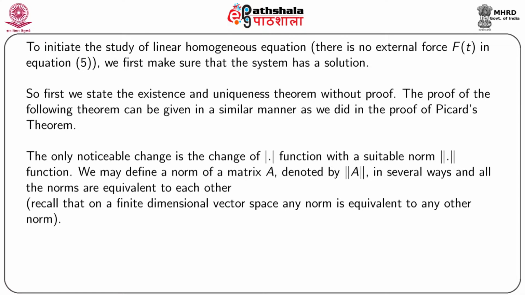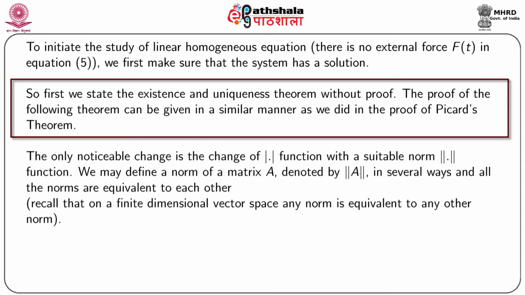To initiate the study of the linear homogeneous system, we have to put F(t) equal to 0, that is, there is no external force F(t) in equation 5. We first make sure that the system has a solution.